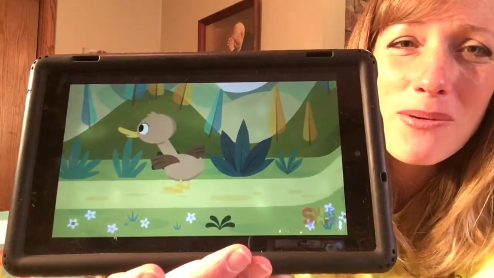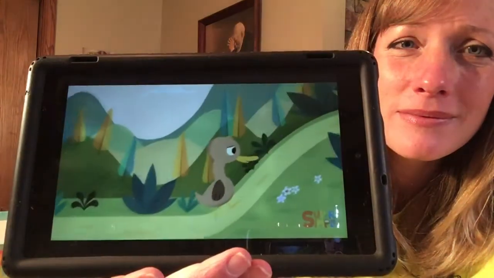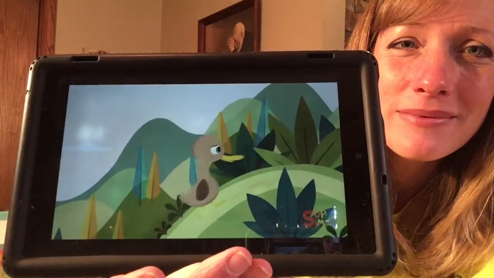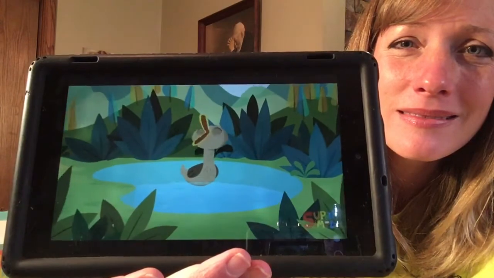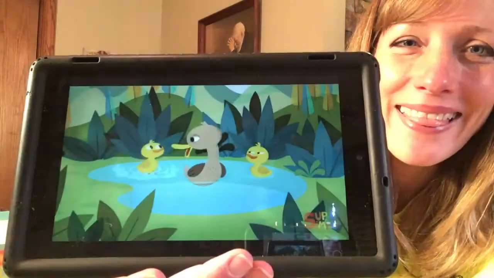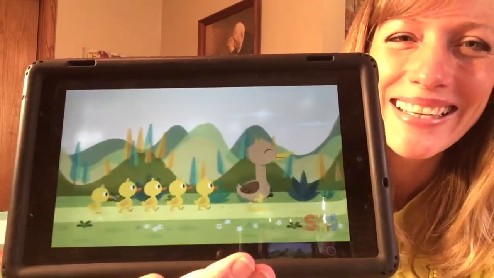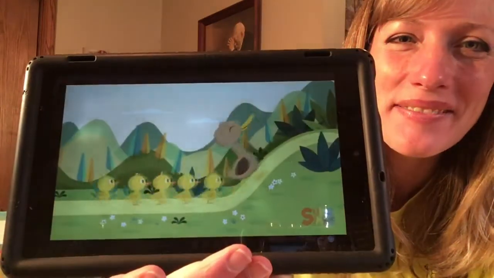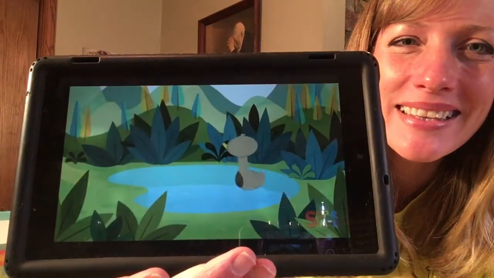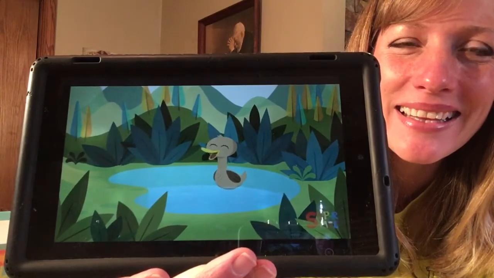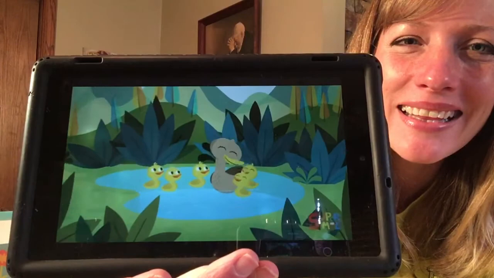Sad mother duck went out one day, over the hill and far away. Mother duck said quack, quack, quack, quack, and all of the 5 little ducks came back.